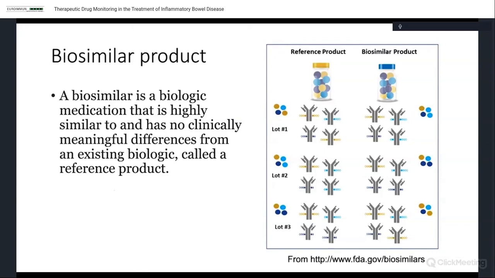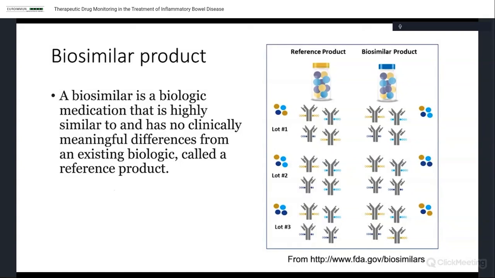Now, I'd also like to briefly introduce you to biosimilar products. A biosimilar is a biologic medicine that is highly similar to and has no clinically meaningful differences from an existing biologic, which we call a reference product.